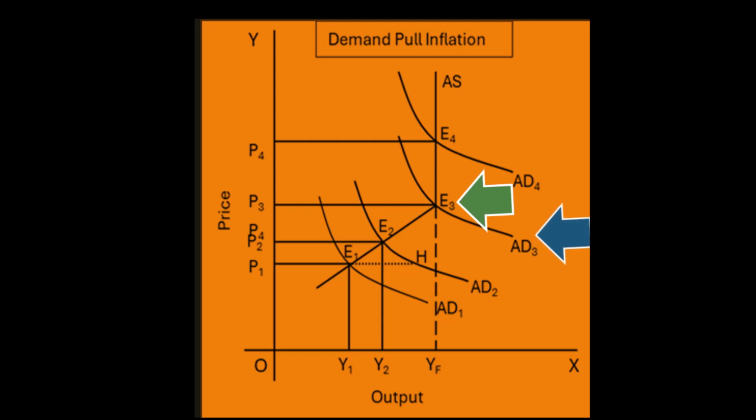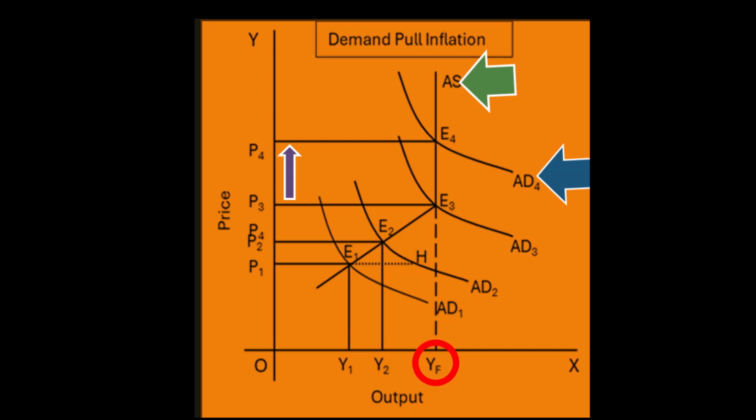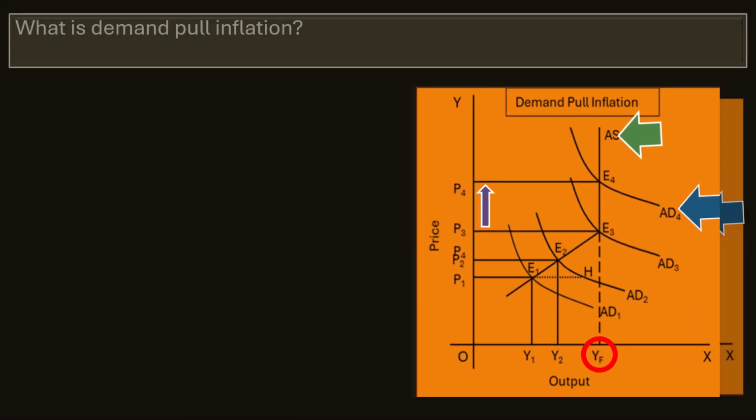When the aggregate demand curve shifts upward further, there is no more resource to exploit, so output remains constant. Aggregate supply curve becomes vertical, so the full impact of the increase in aggregate demand falls on price. The price increases from P3 to P4.